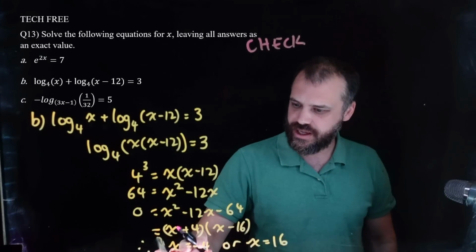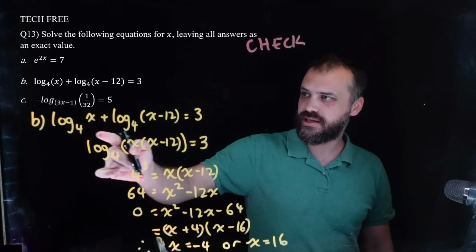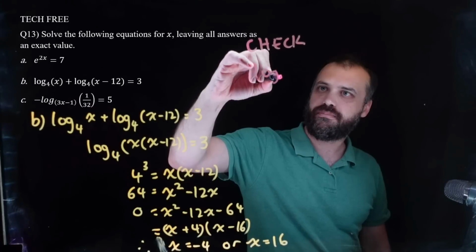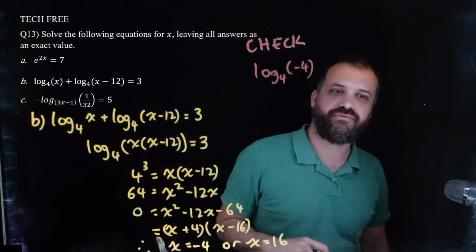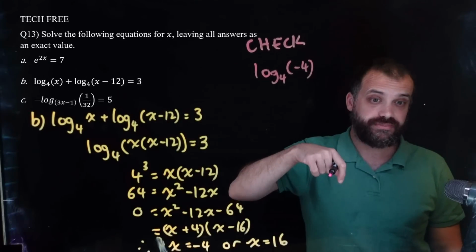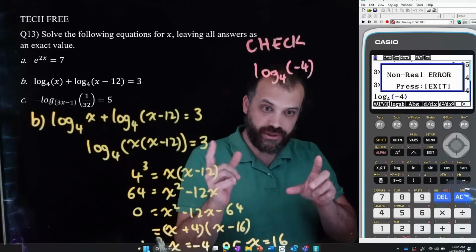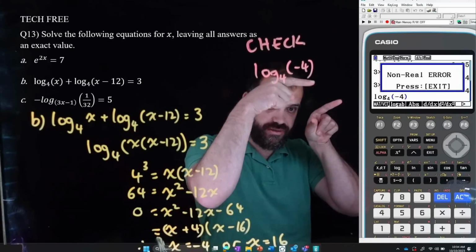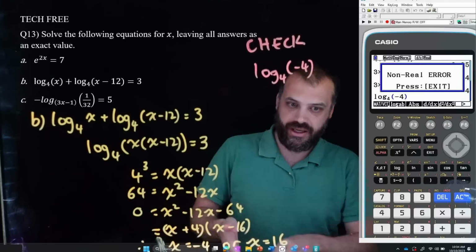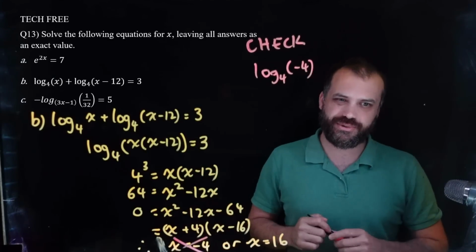All right, look at this, x equals negative 4. If I put that in here, I'll get log base 4 of negative 4 in my beginning. That's a problem. You can't find the log of a negative. This is tech free, but I just wanted to show you that this is broken. It doesn't work. So x equals negative 4, we're going to reject that. All right, so we're rejecting x equals negative 4.